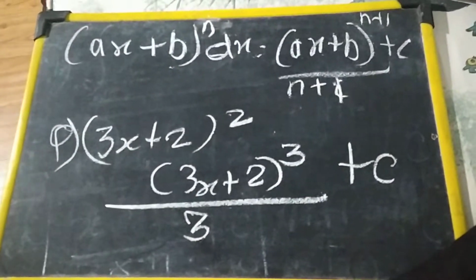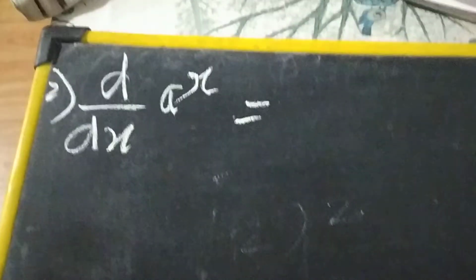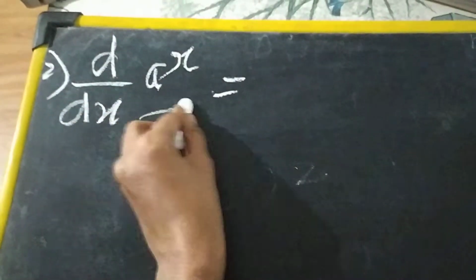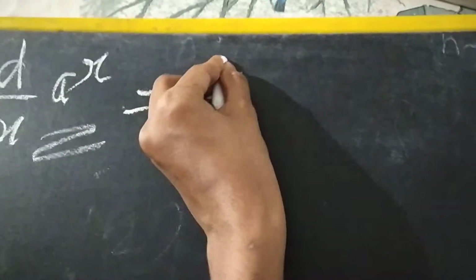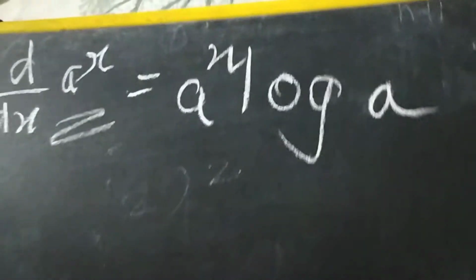That's it. Now let me tell you the second formula. Guys, let me explain the second formula. What was the derivative of a raised to x? Try to remember. It was a raised to x log a, right?